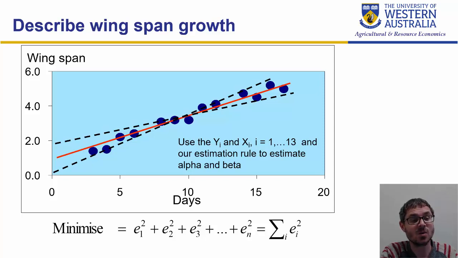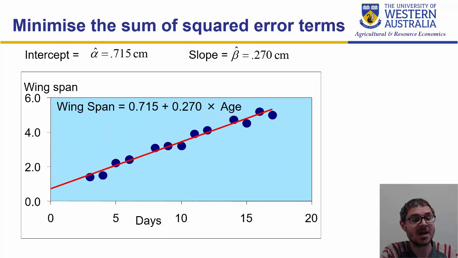From that decision rule, I get an estimate of the intercept and an estimate of the slope, or an estimate of alpha and beta. In this specific case, we have wingspan equal to the intercept plus 0.27 times age, where age is measured in days here. So it's saying that wingspan increases by 0.27 centimeters on average for each day.